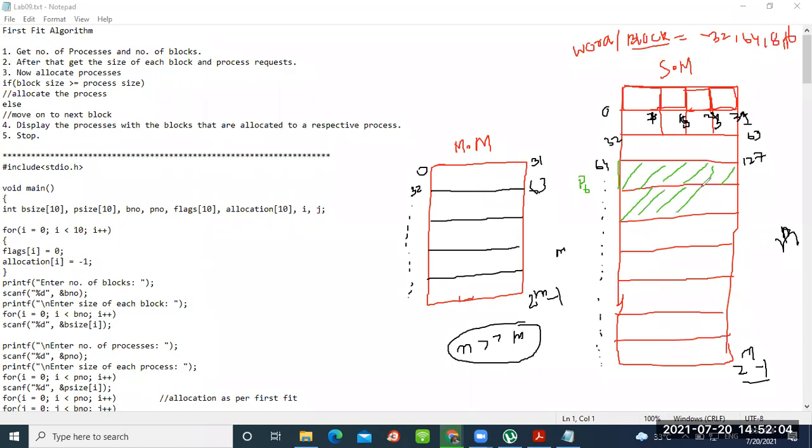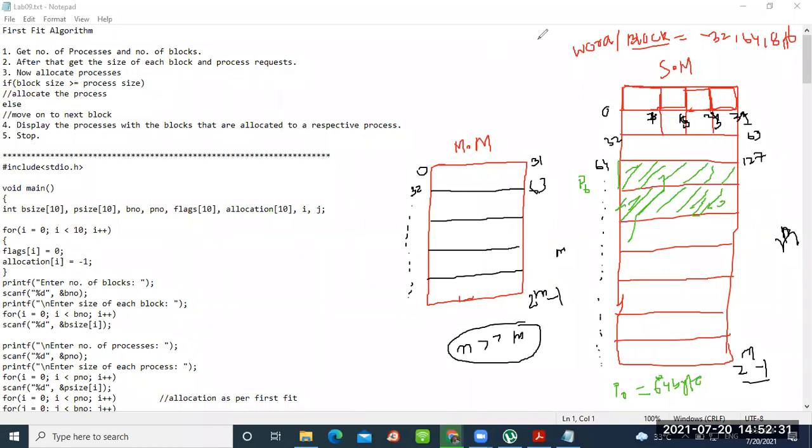If I say program P0 is 64 bytes, and as I know my memory blocks are 32 bytes each, how many blocks is it going to occupy?